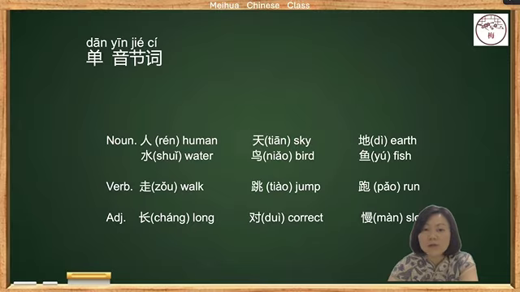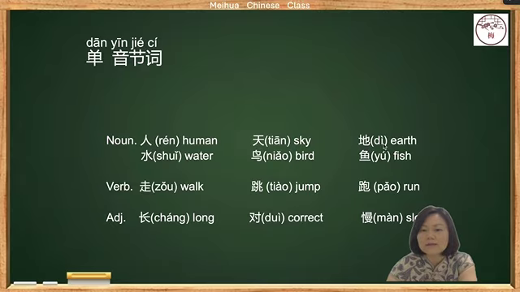So let's look at some examples of this single syllable word. Let's first look at the word of noun. It's all about the objects in nature. 人 means human. 天 sky.